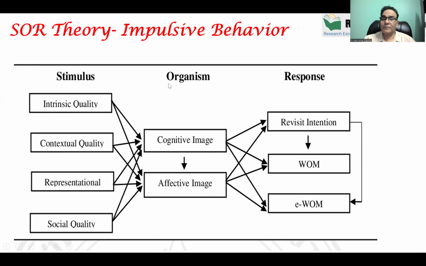Stimulus leads to organisms which are of two natures: cognitive reaction, affective reaction, and these two reactions lead to the response. Response may be revisit, word of mouth, e-WOM, purchase. So these are the responses. So this theory explains all kinds of impulsive behavior. इसको मार्केटिंग में impulsive buying behavior कहते हैं. In other areas, it is called impulsive behavior.